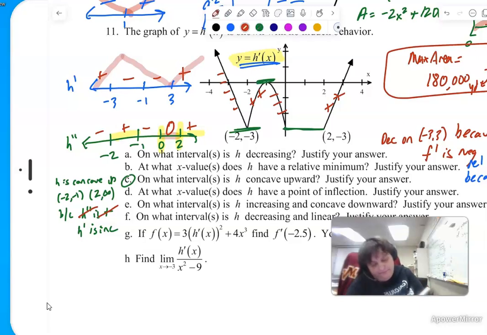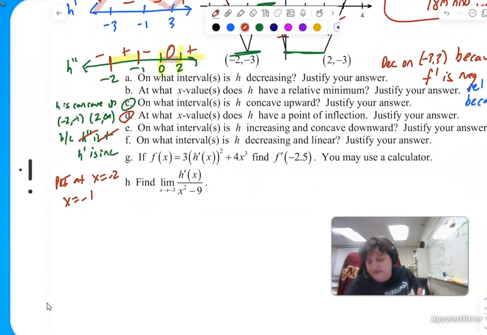All right, part D. Where do we have a point of inflection? Only at -2 and -1, because H prime is changing from positive to negative or negative to positive, right? But I'm not allowed to write H double prime is changing positive to negative.